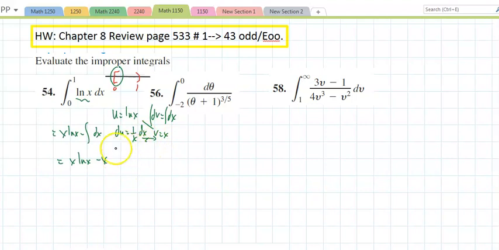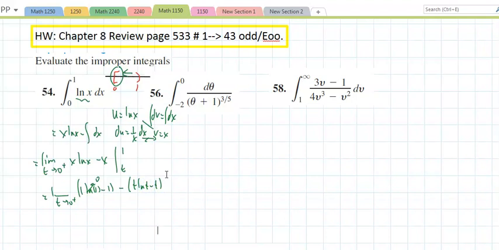Now I'm going to bring in the limit. I'm going to say from t to 1, and I'm going to take the limit as t approaches 0. And in this case, do you see you can only approach 0 from the right? And this is going to be the limit as t approaches 0 from the right of 1 natural log of 1 minus 1, that's a 0, minus t natural log of t minus t.